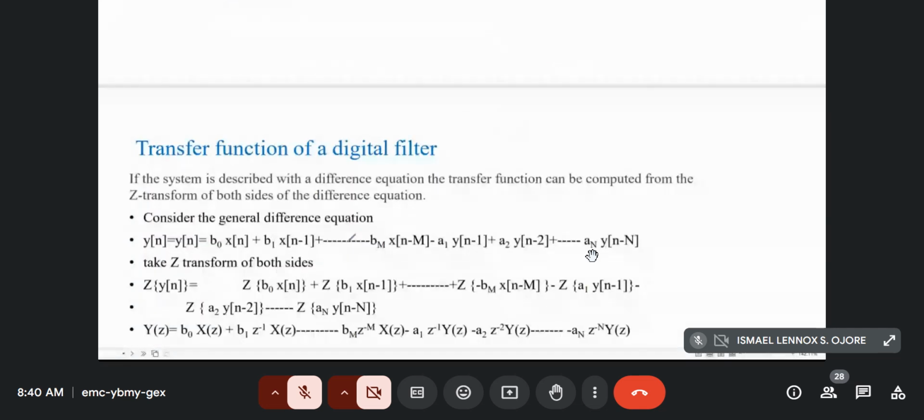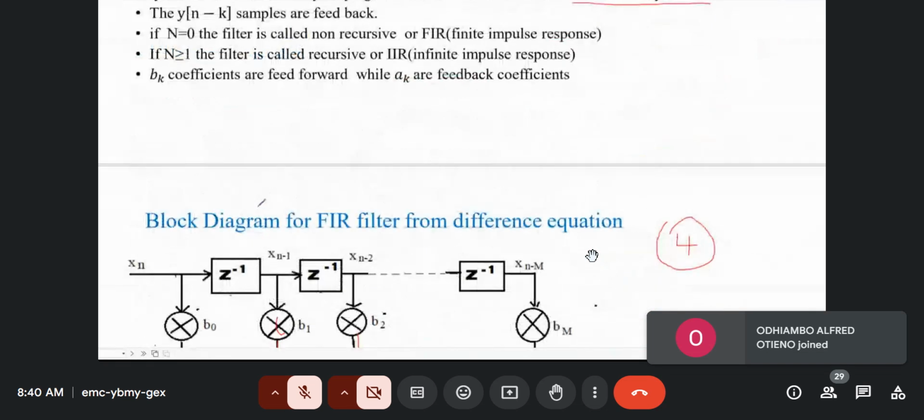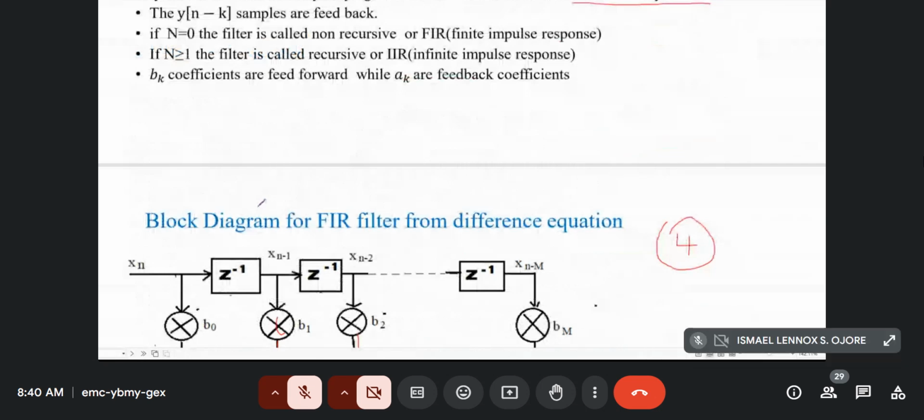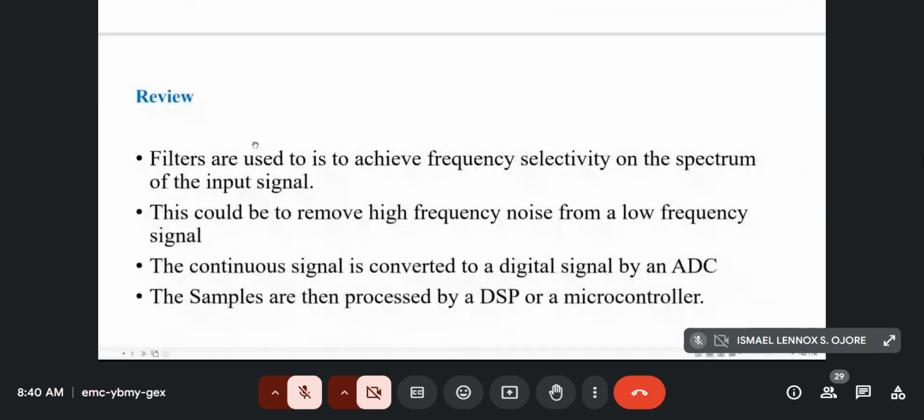So that's it. I hope everybody is okay with what we have looked at.